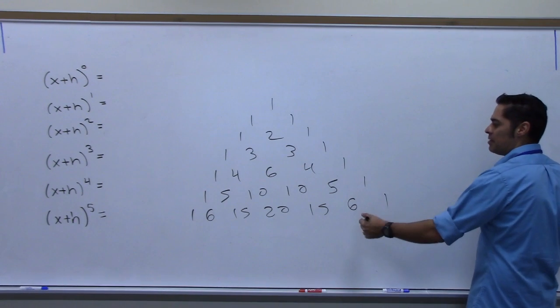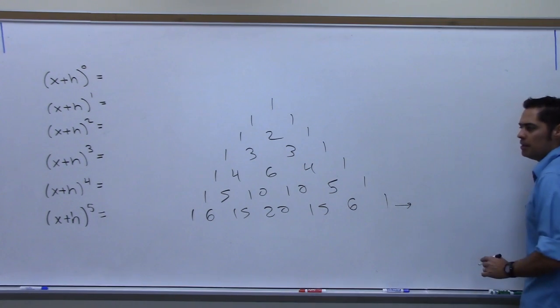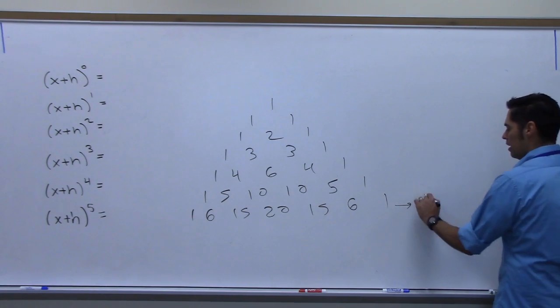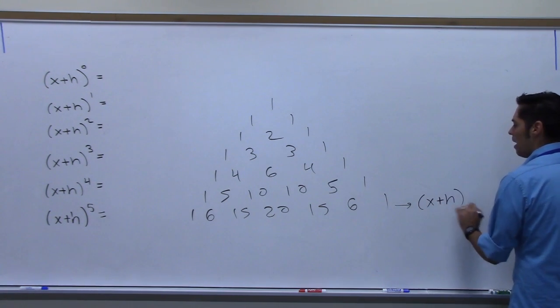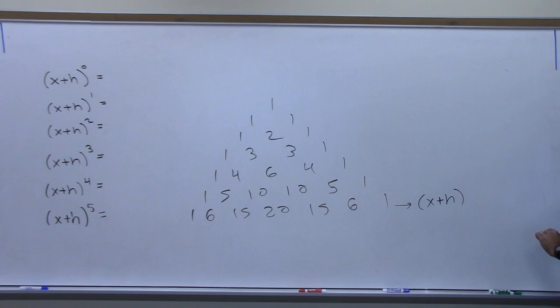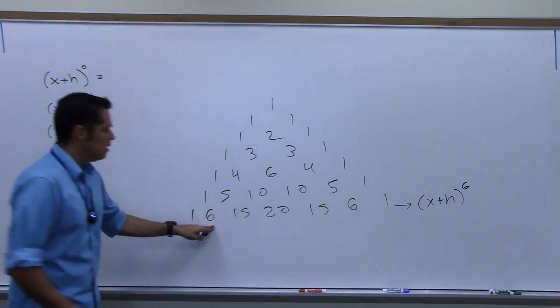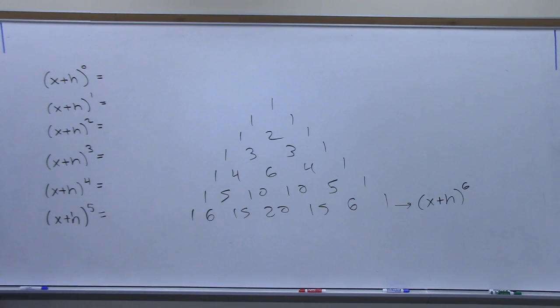But each one of these has this right here, right? This row here gives the coefficients to the expansion of x plus h to what power? 6. So the first number you see after the 1 is the expansion number.